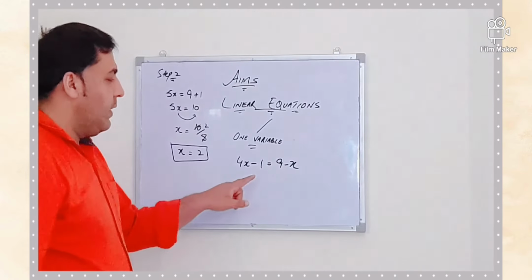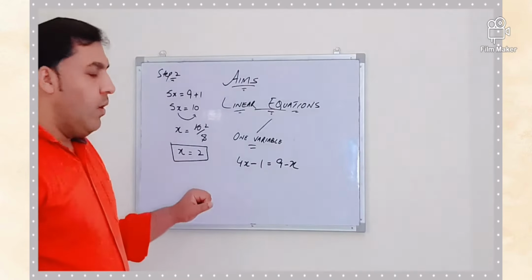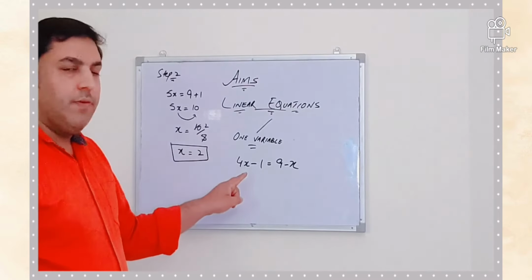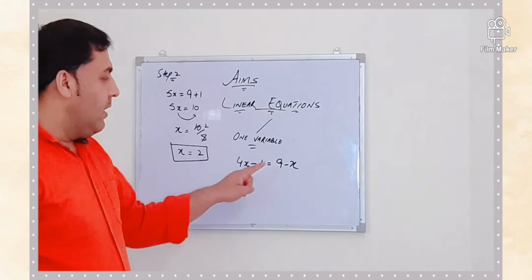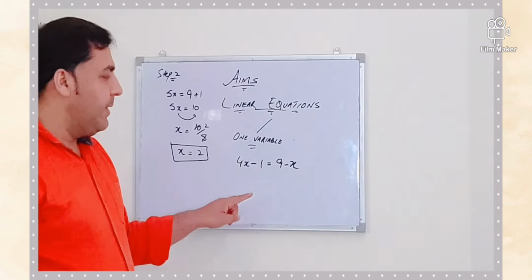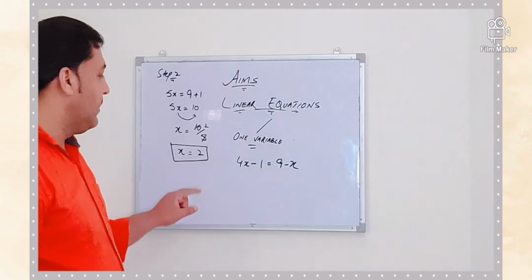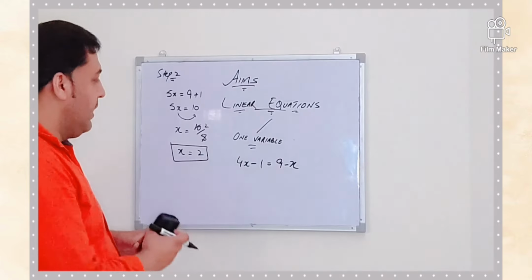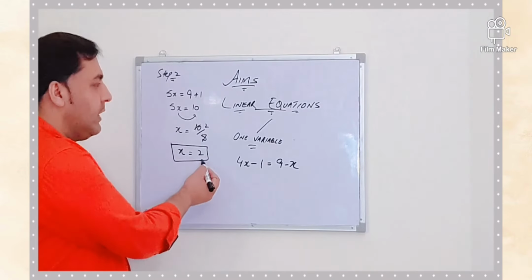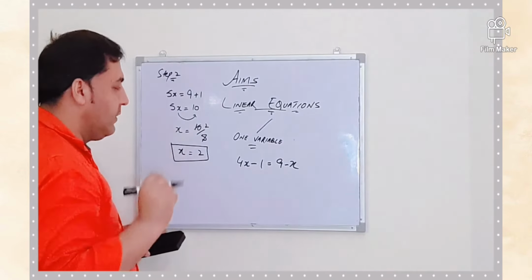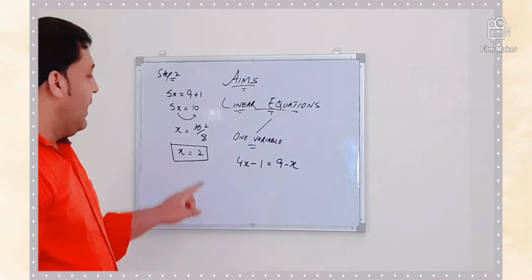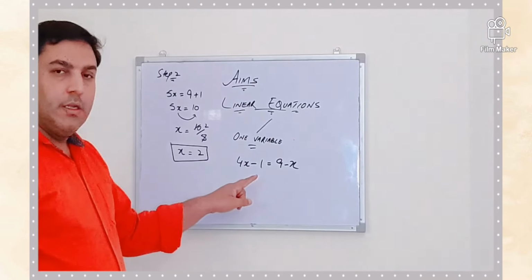We were having this equation. Now how can we verify? If we put this value in this equation, both sides should become equal, so we will be assured that we have received the correct answer. x equal to 2. There is only one solution, a linear equation having only one solution. So let us put this value in this equation for verification.